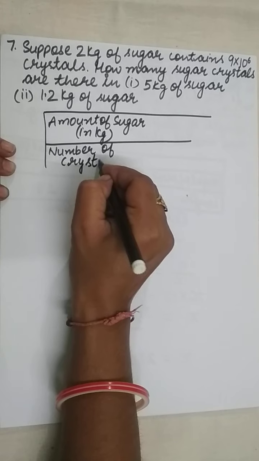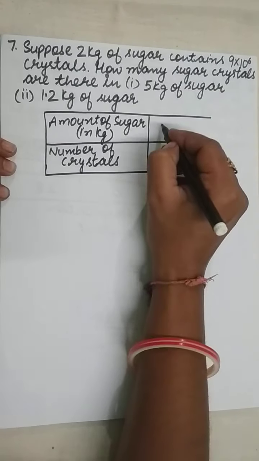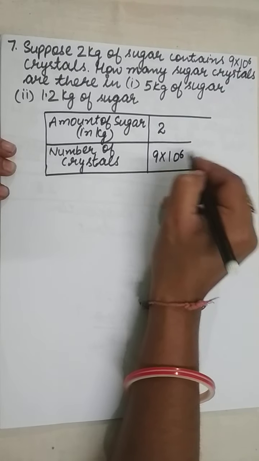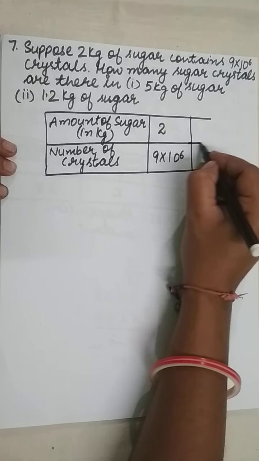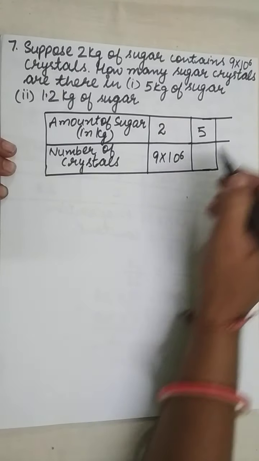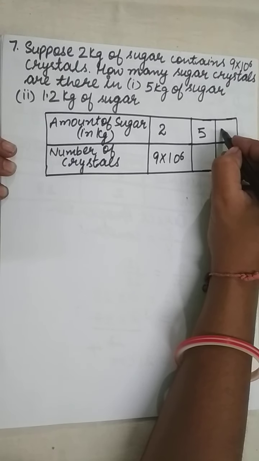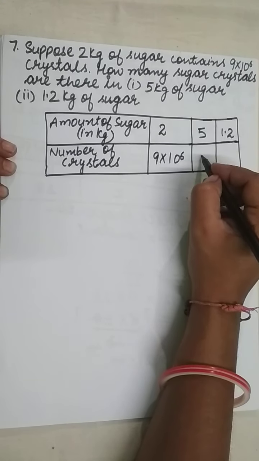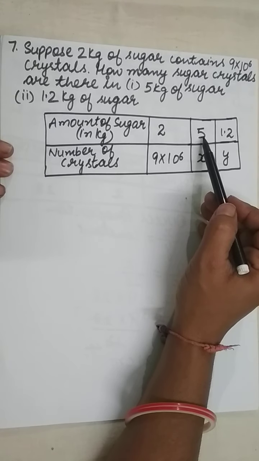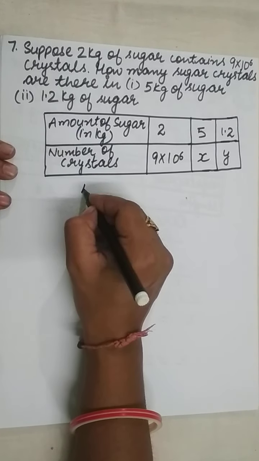So firstly it is given that in 2 kilograms of sugar 9 into 10 raised to power 6 crystals are there, and we are to find out how many sugar crystals will be in 5 kilograms of sugar and in 1.2 kilogram of sugar. So I will take the two values as x and y. As the quantity of the sugar will increase, the number of crystals will also increase. So this is direct proportion.